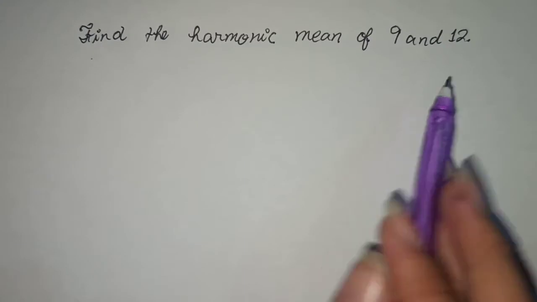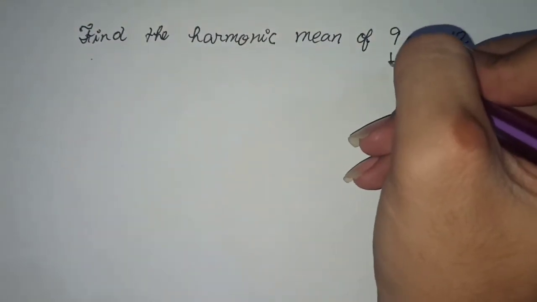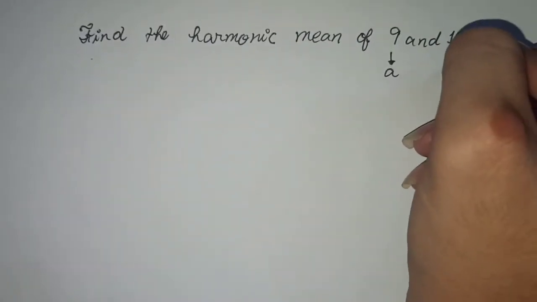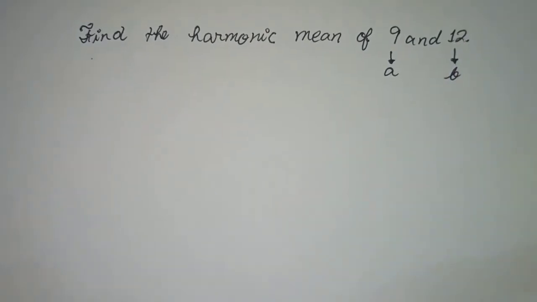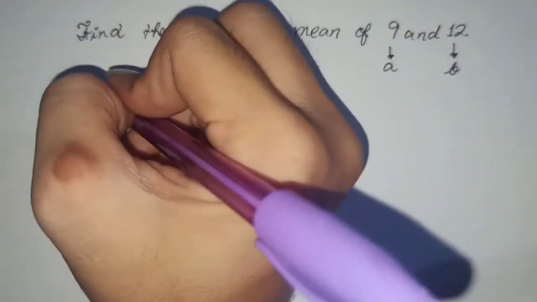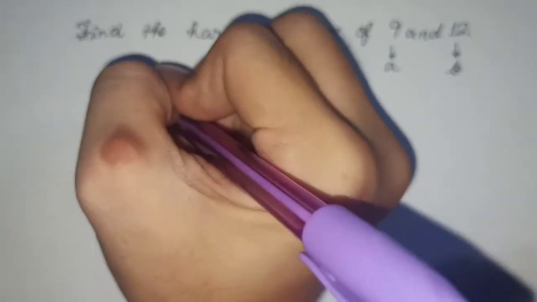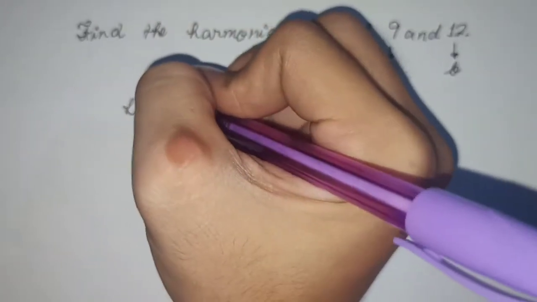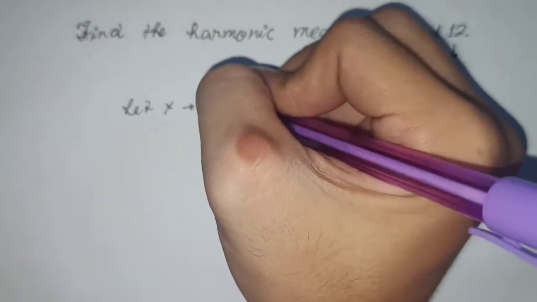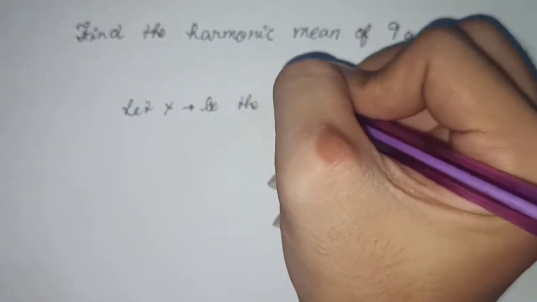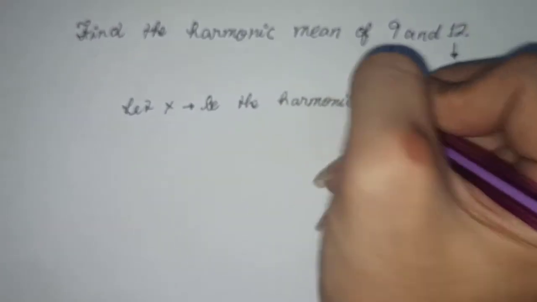Find the harmonic mean of 9 and 12. So we are going to let 9 as A and 12 as B. So we are going to let X be the harmonic mean of 9 and 12.